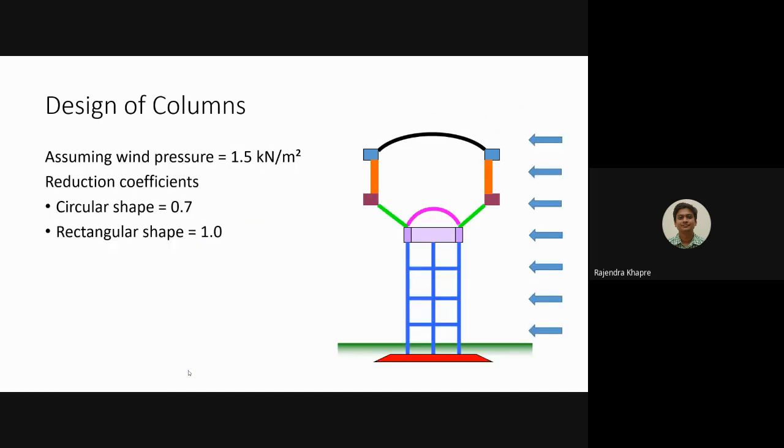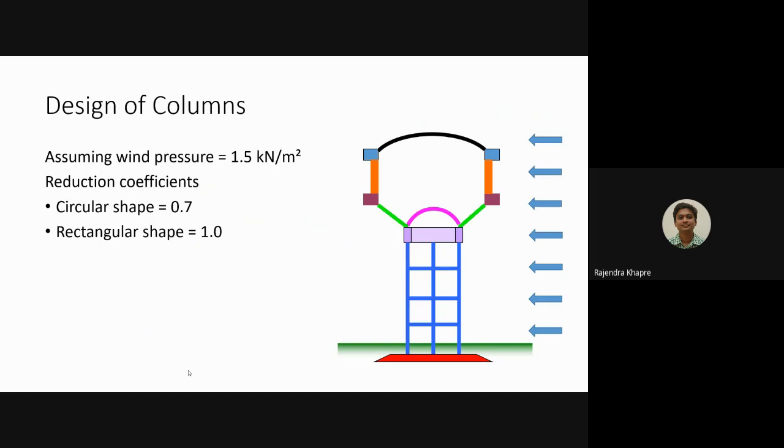Now, since this is an elevated kind of tank, it will be subjected to wind pressure. Depending on the type of the city, you have to refer to the IS code, and the value of wind pressure has to be taken from the IS code.